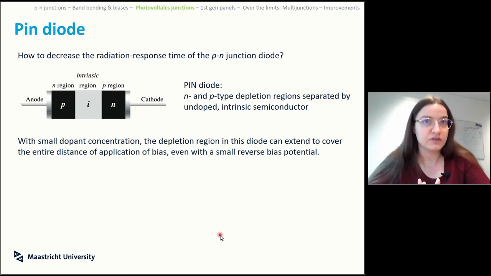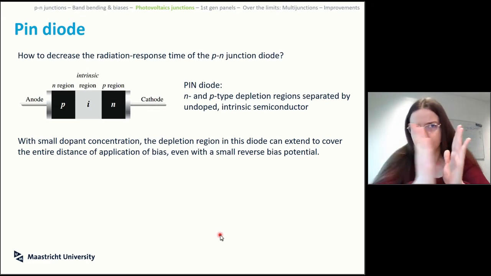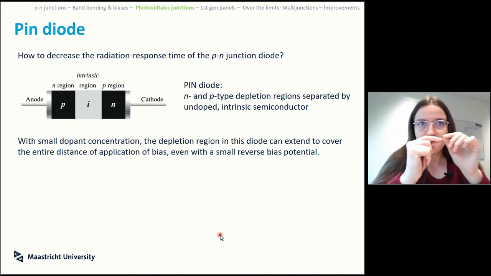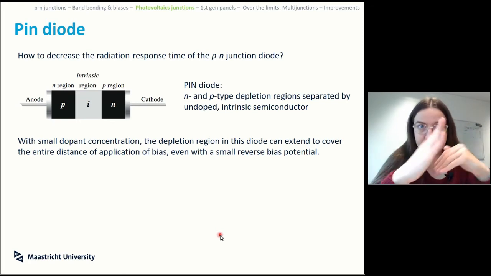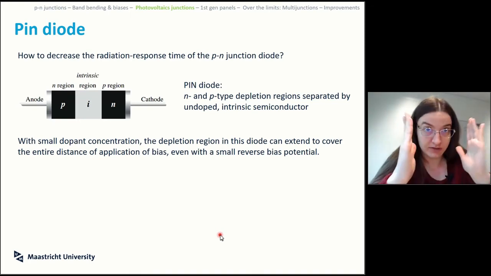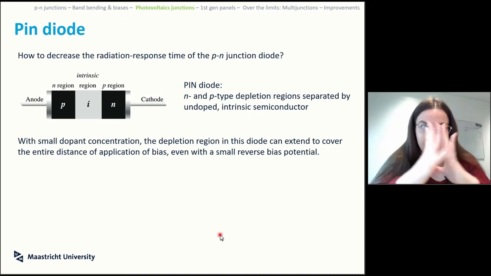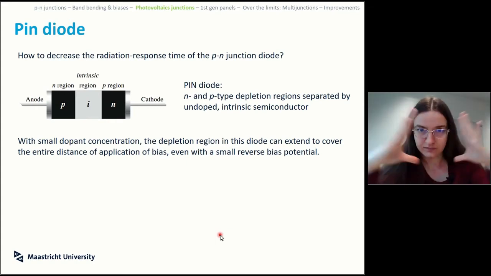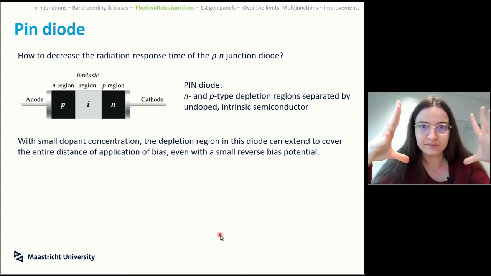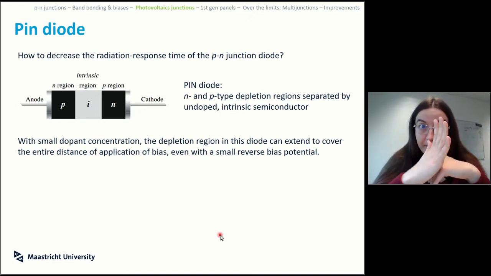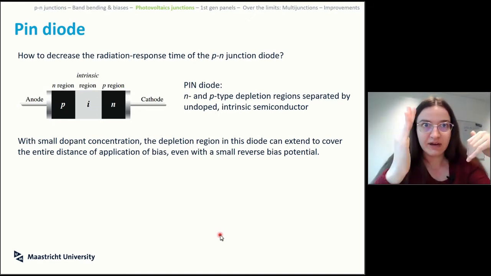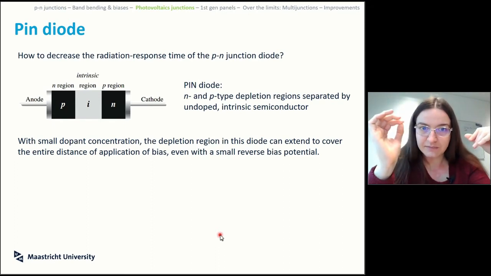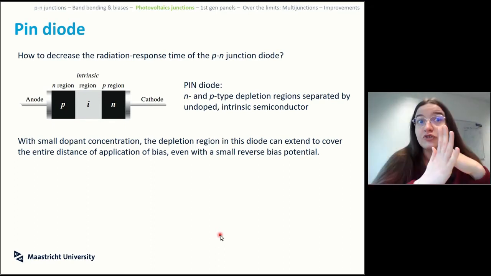If your dopant concentration is low enough on the two sides, and remember these things are small, what you create is a state in which the depletion zone will actually extend all the way through the whole intrinsic semiconductor. So it just spans all the way, and when you apply the bias across, even if it's a tiny bias, the depletion zone will extend.